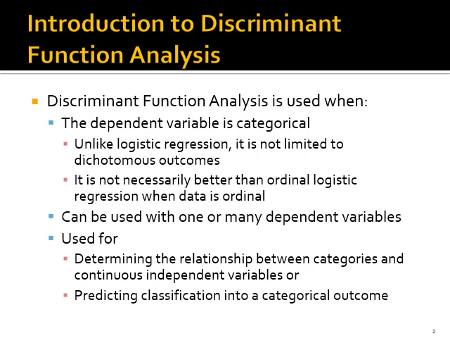So discriminant function analysis is used when the dependent variable is categorical. However, unlike logistic regression, it is not limited to dichotomous outcomes. It is not necessarily better than ordinal regression if the data is ordinal. So again, we have some techniques we've already talked about, logistic regression specifically designed to look for a dichotomous outcome.